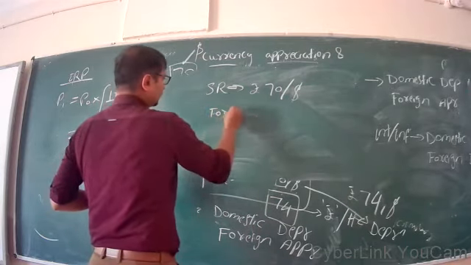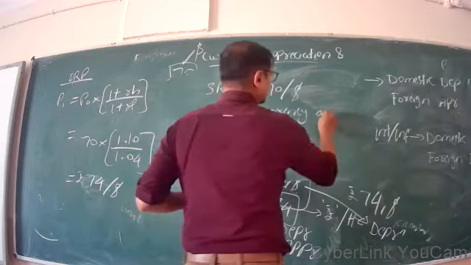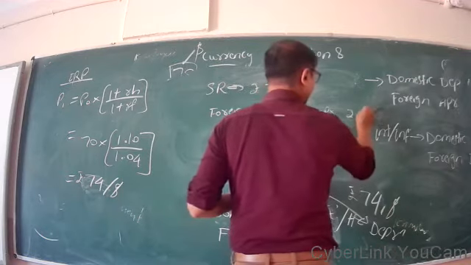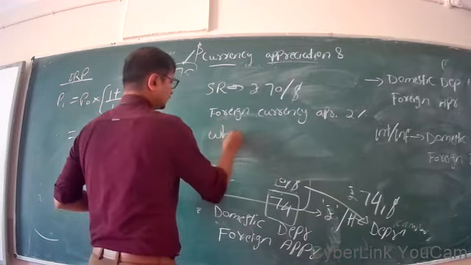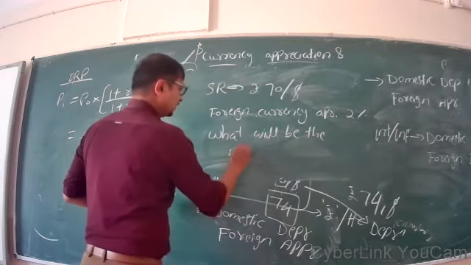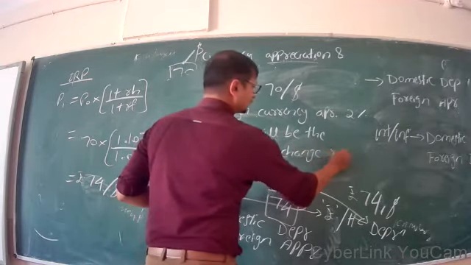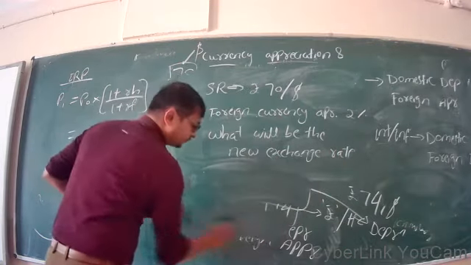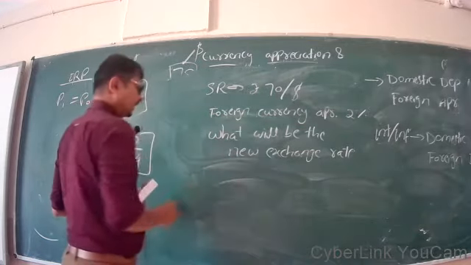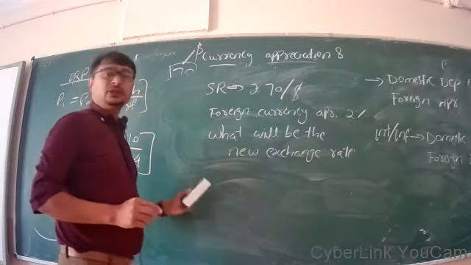If the foreign currency appreciates by 2%, what will be the new exchange rate? The spot rate between rupee and dollar is 70, and the foreign currency got appreciated by 2%. What will be the new exchange rate?